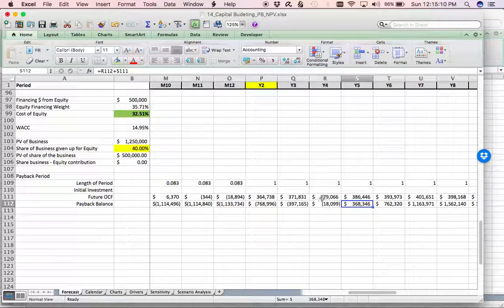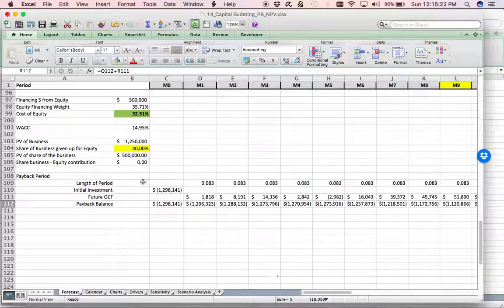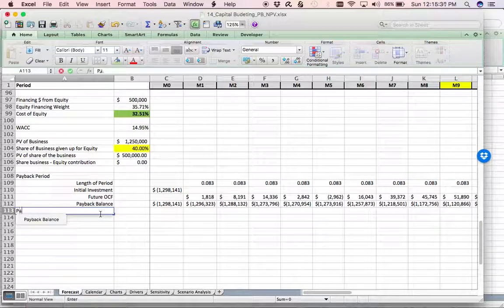And so you'll see here you have a little bit of a negative, and then in this one you start going positive. And so what you're wanting to do, you're using that to say at what point have we paid everything else back. And so we'll go with a call it a payback in process.